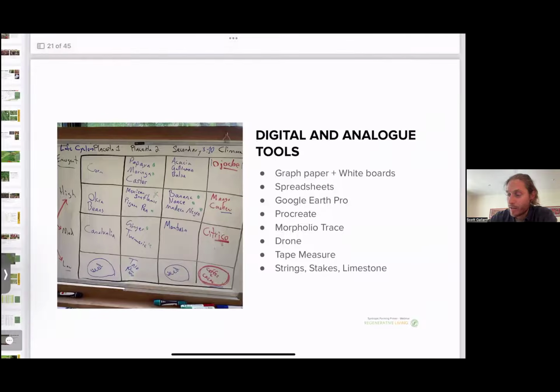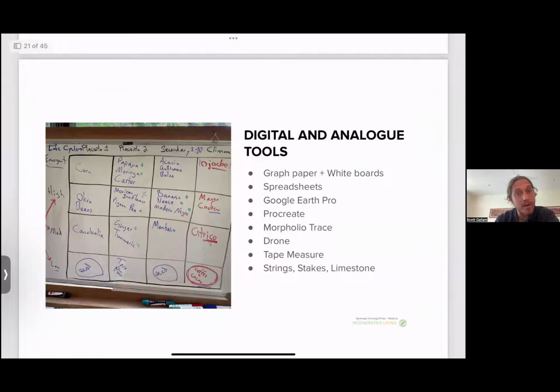They just do wonders for me. Graph paper is excellent. Spreadsheets are really helpful. There's definitely a bit of energy in syntropic farming of, you're on a spreadsheet, you're not out there planting. And I really dislike that. I find whatever tool works for you, works for you.